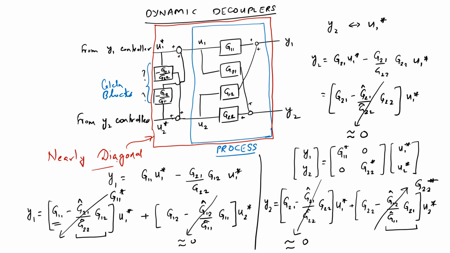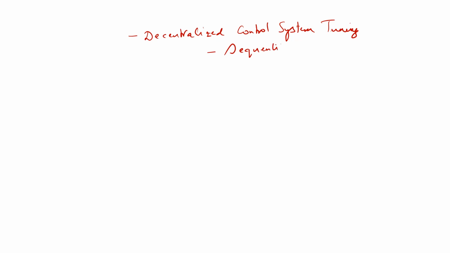With this, I think I'll end this lecture. What we have seen in this lecture is decentralized controller tuning. In particular we looked at sequential tuning: tune the most important thing first, followed by the next guy, and so forth.